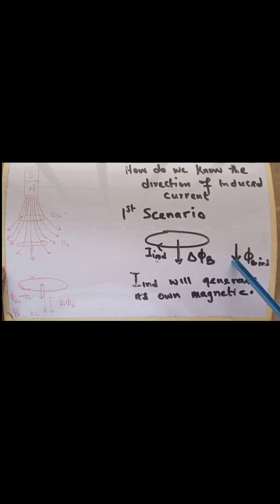Now, because they are going to support each other, they will in turn generate another induced current, which will be greater than this one. And this induced current that will be generated, when it flows in this direction, will generate another higher value of magnetic flux.